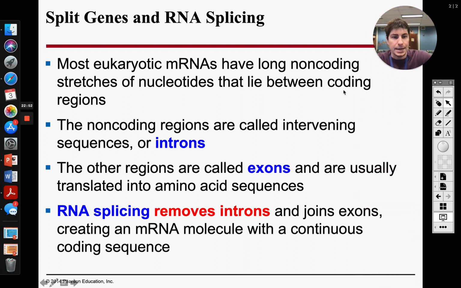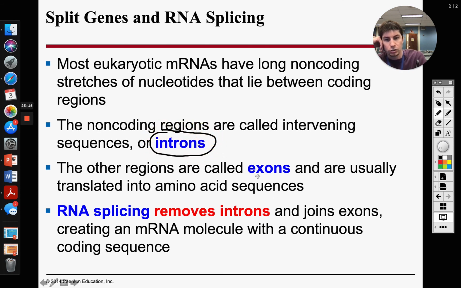So the black areas there, that are going to be translated into amino acids, we call those areas our exons. And then our other areas, the areas that are not going to be used to go into amino acids because we don't need them to make the proteins, those are going to be called our introns.